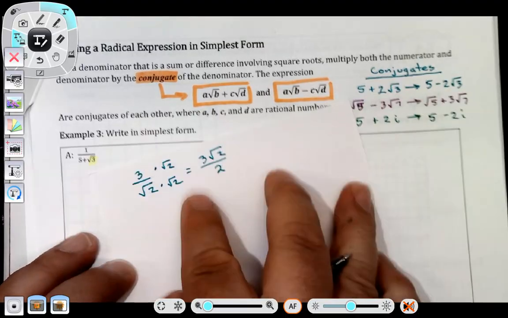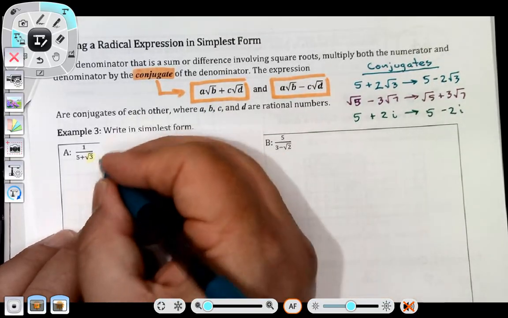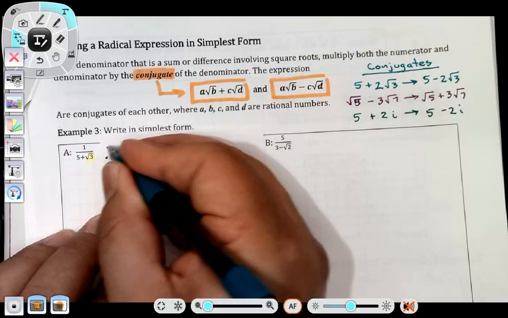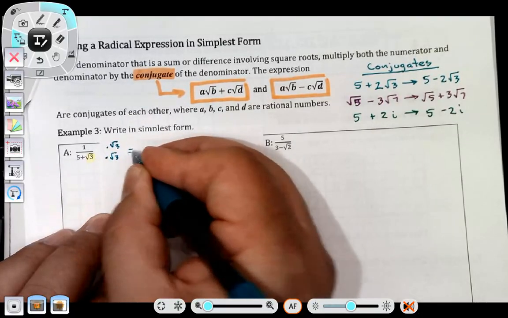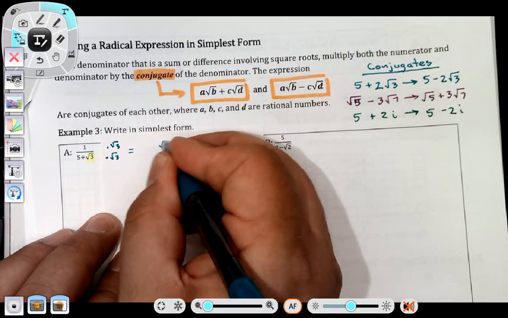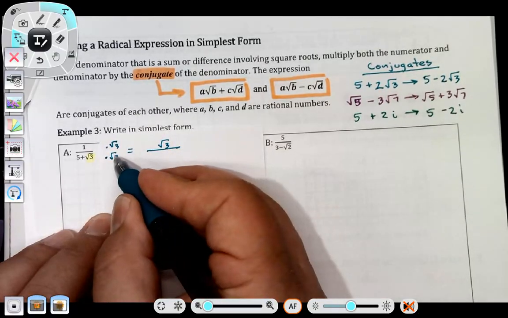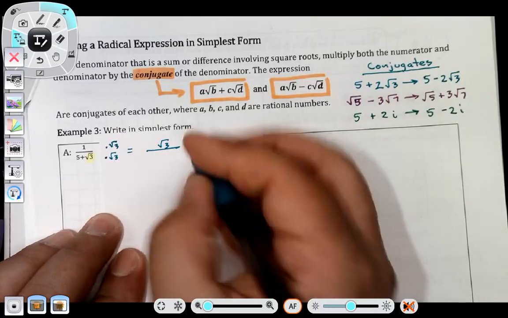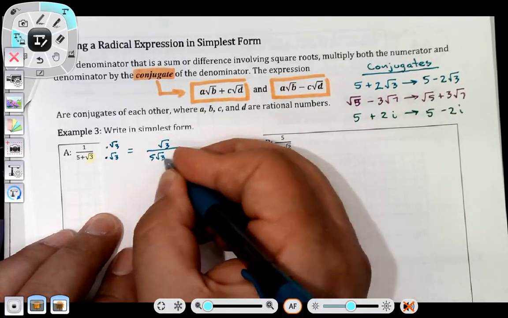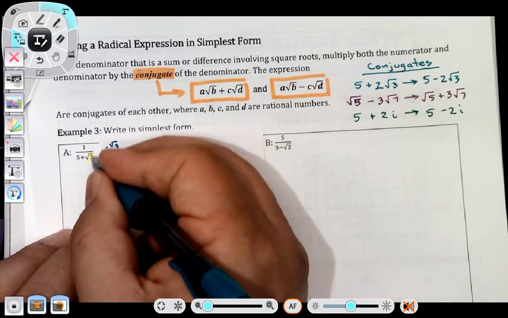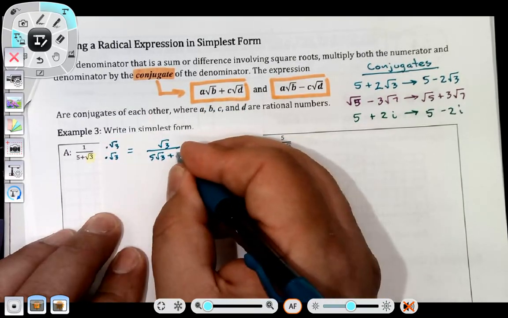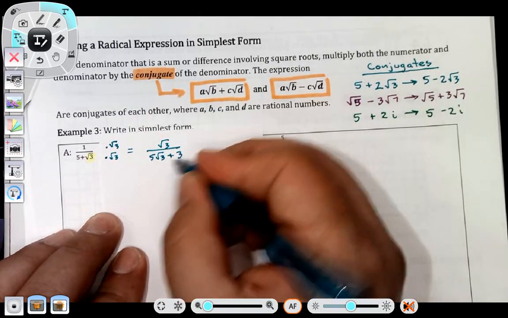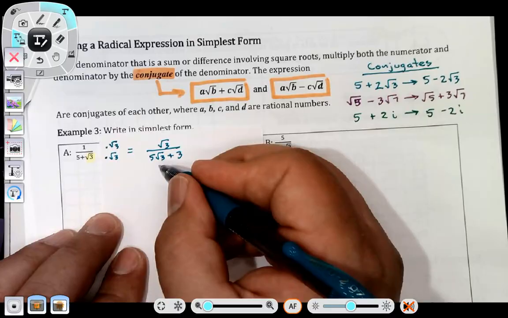Well, when I look at this one, you can't say, well, just multiply by radical 3. The top would be fine. Look, 1 times radical 3 is radical 3, but here you would have distribution, which means 5 times radical 3 is 5 radical 3. And then what's radical 3 times radical 3? 3. So yeah, it worked out there, but you still have a radical at the bottom.